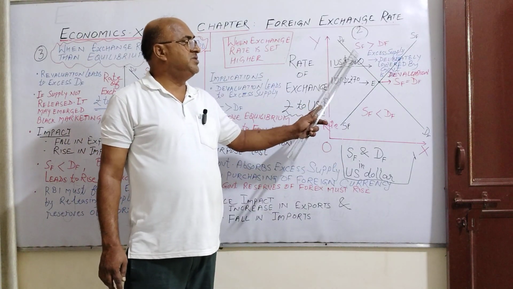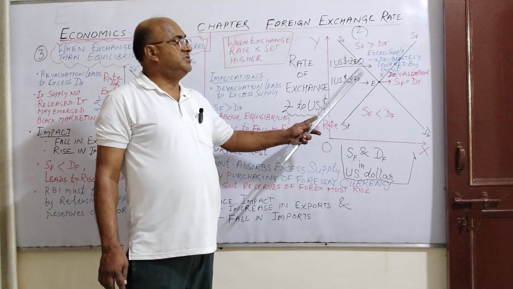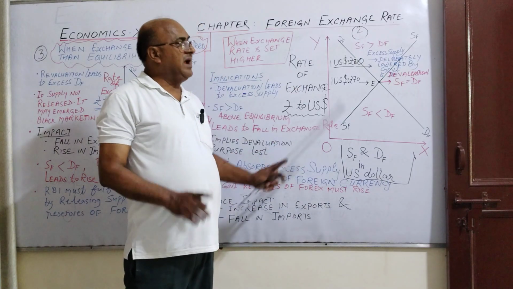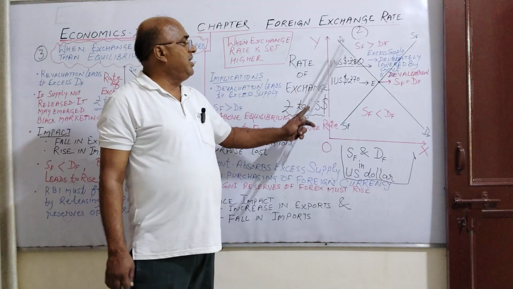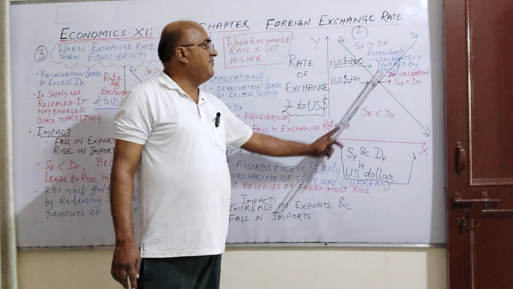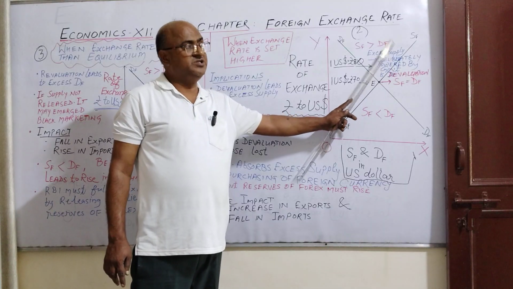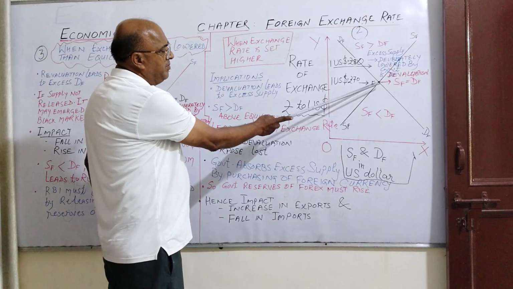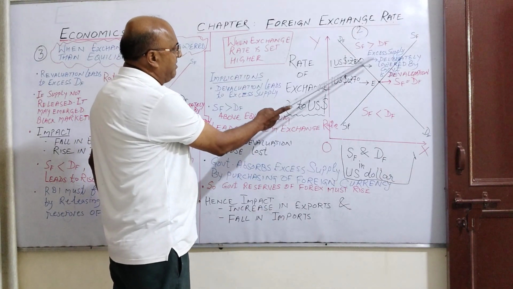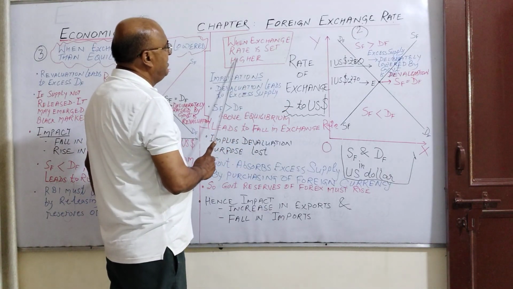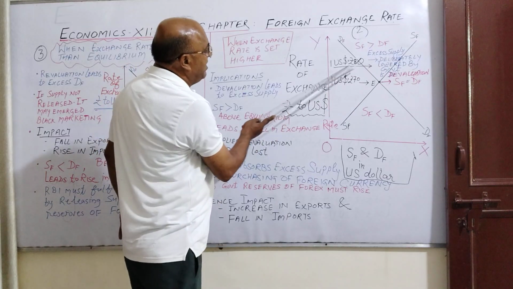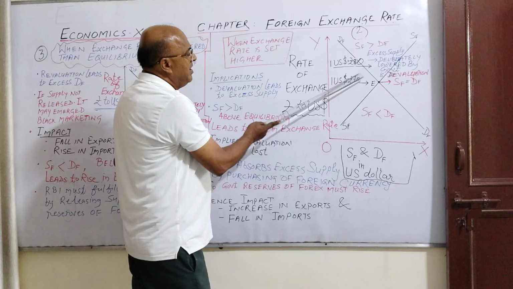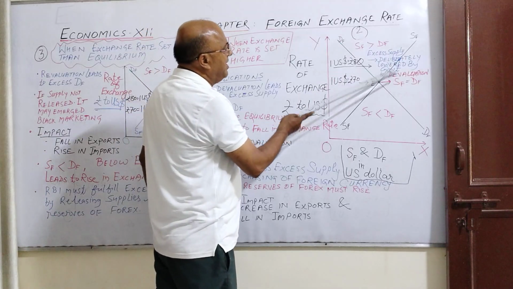Demand for foreign exchange, this curve shows a negative or inverse relationship. SF shows a positive relationship, and this is the equilibrium. In the same way, set higher. So excess supply: from here to here DF, and similarly from here to here SF.